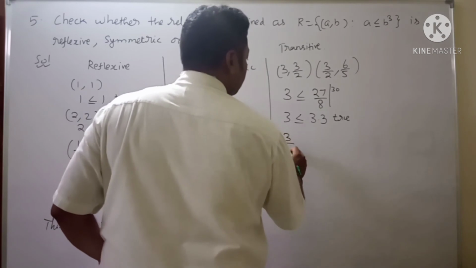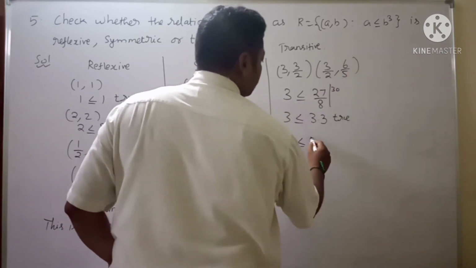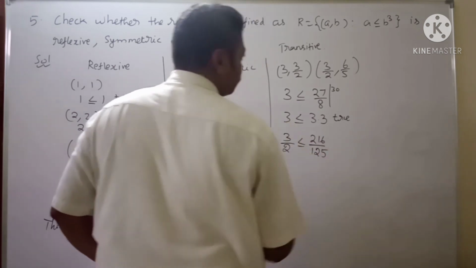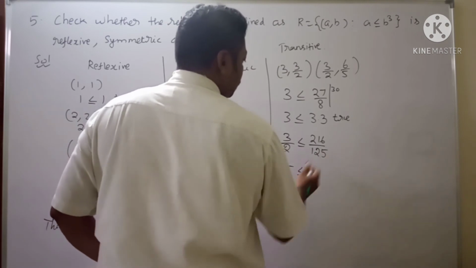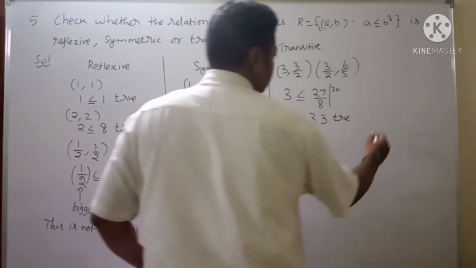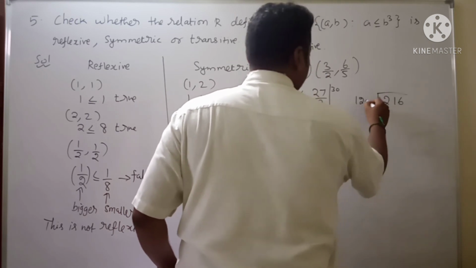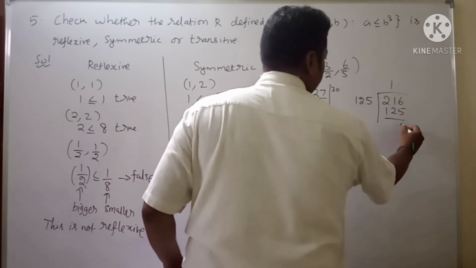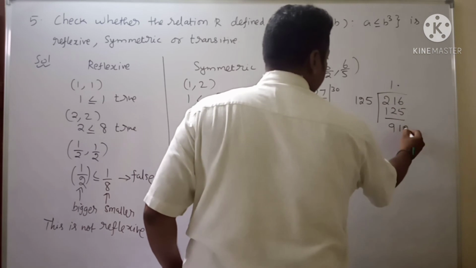So next, 3/2 ≤ (6/5)³. So that is 216/125, so this is 1.5 ≤ this. So let's divide 216 by 125. So 125 remaining 1, so 9, and then point.